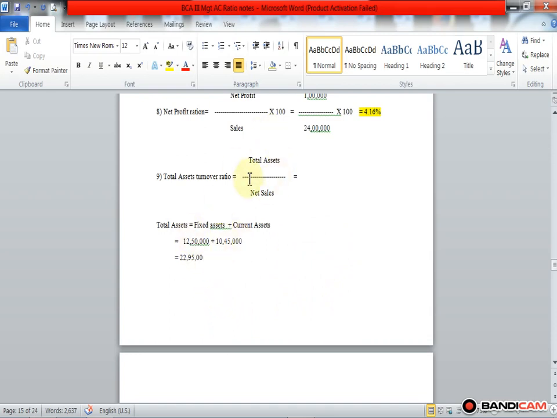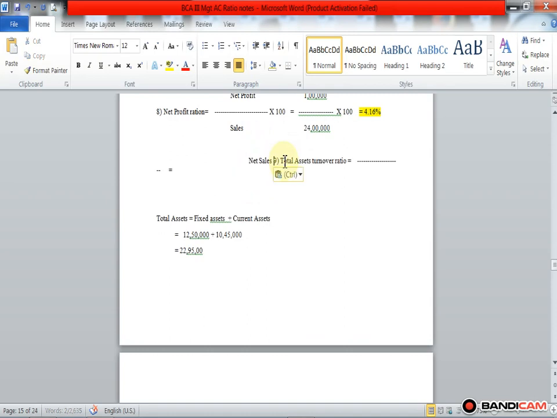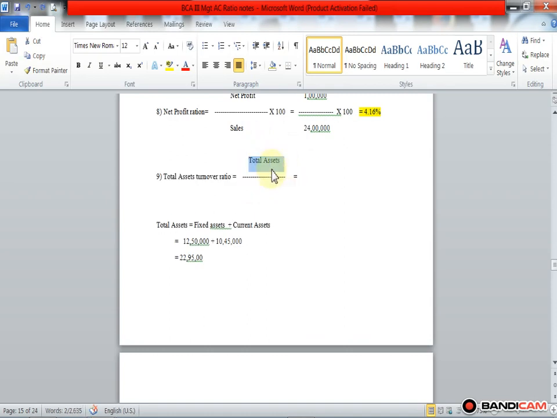Okay, so here the formula is wrong. Here we find a relationship, and according to this we make a formula. Turnover means sales, and sales is always on the upper side of the formula.